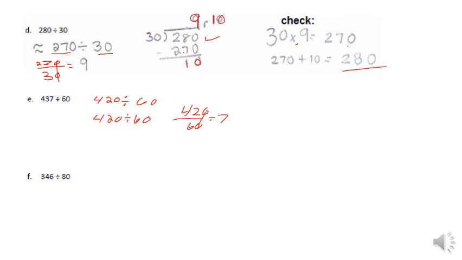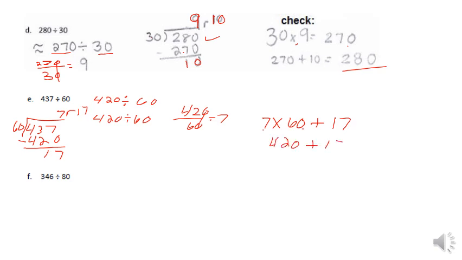We go to our standard algorithm, which is 437 divided by 60, and we take that 7. 7 times 60 is 420, which gives us 17 as a remainder. And to check, 7 times 60 plus our remainder. So 7 times 60 is 420, plus 17 gives us 437, exactly what we started with.